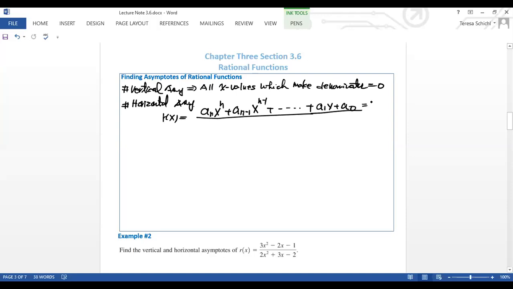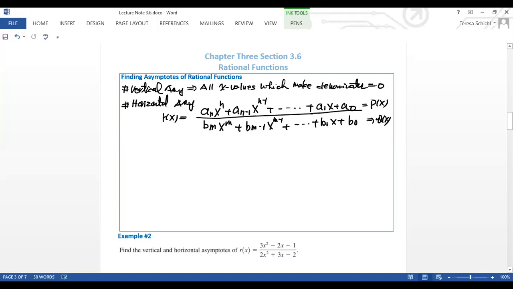This is my P(x). The bottom is another polynomial, b_m x^m + b_(m-1) x^(m-1) + ... + b_1 x + b_0. This is a Q(x) here.